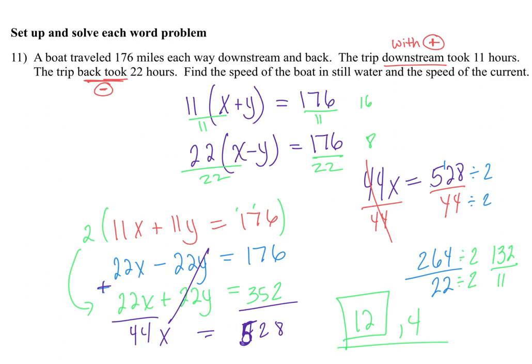So 12 and 4 are going to be your two answers. Because these were bigger numbers and you may not have seen it, you can divide at the beginning and you'll get smaller numbers. They're always going to be divisible. I'm always going to give you a number here that is divisible by that, by the way, so you can divide it out up front.